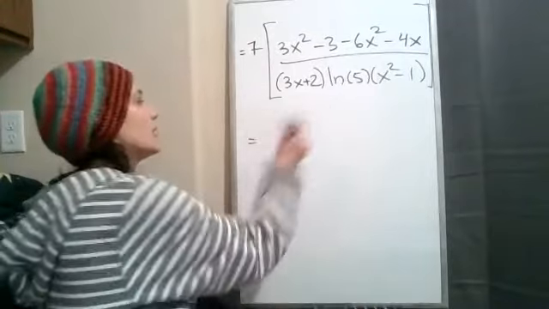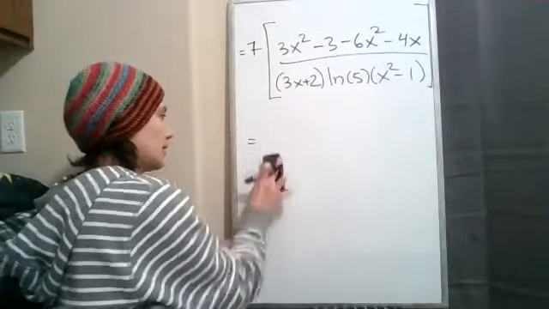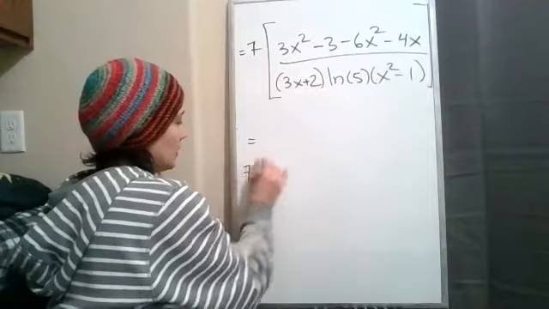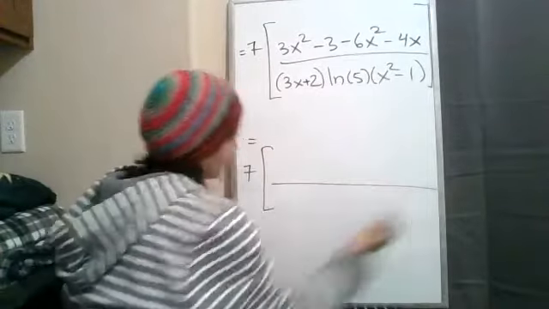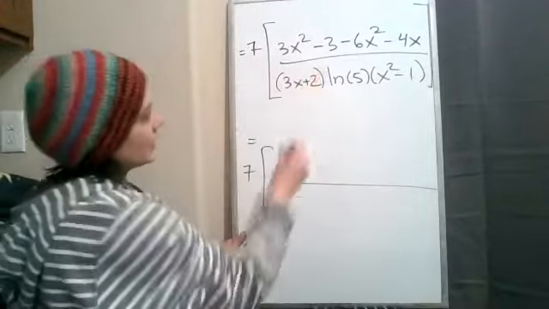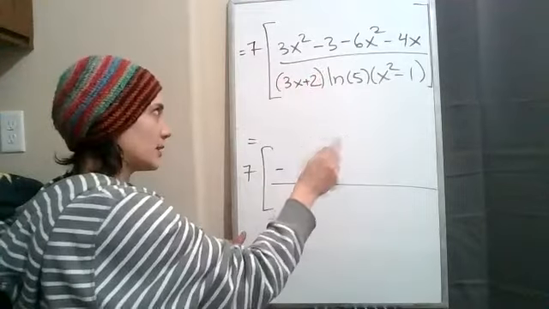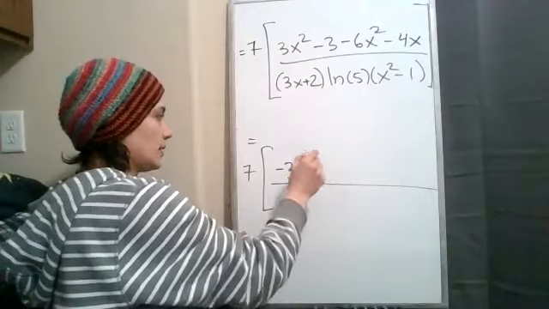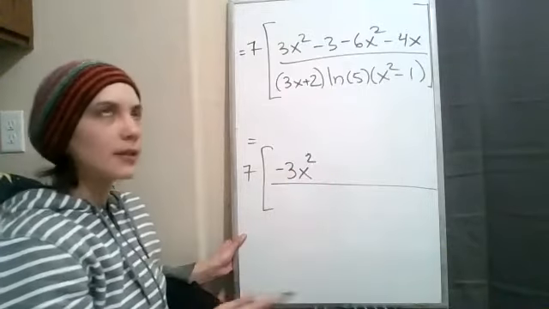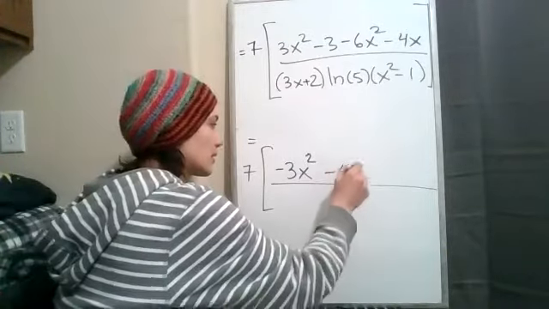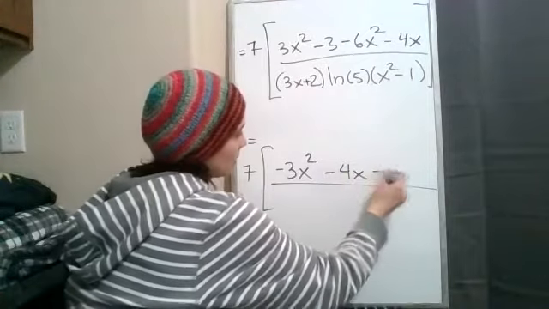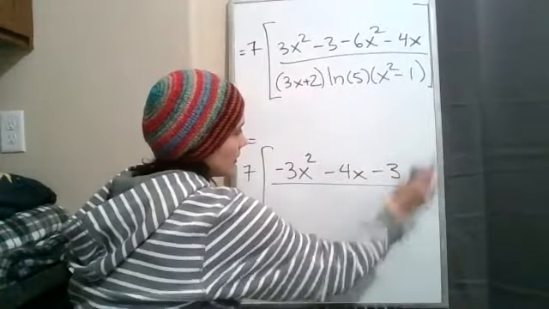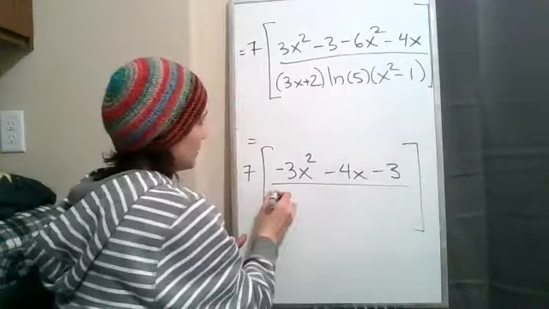All right, so it will be 7. Negative 6. I'm sorry. Negative 6x squared with that positive 3x squared leaves this. Negative 3x squared. Subtract 4x. Subtract 3. That denominator.